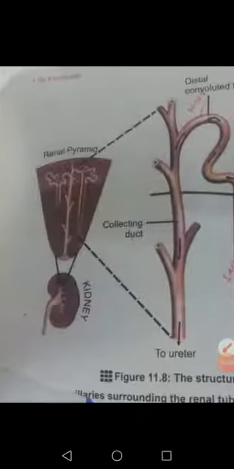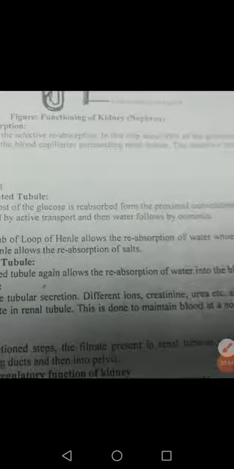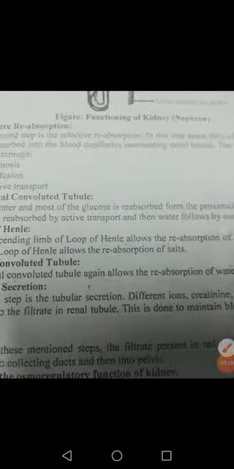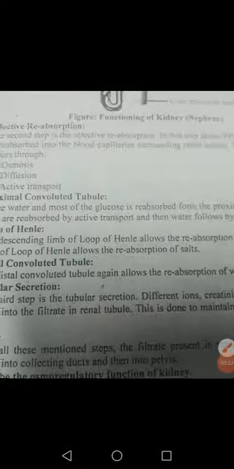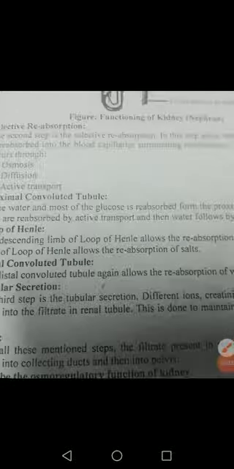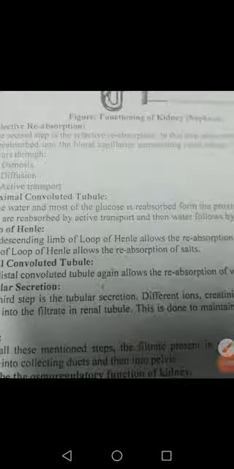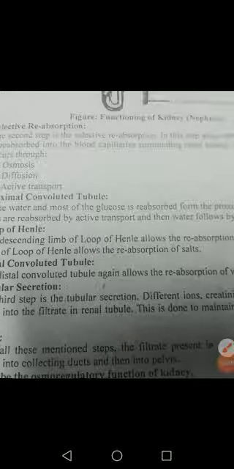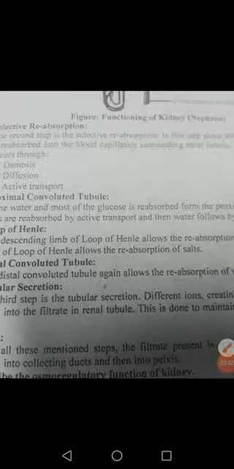Selective reabsorption means that 99% of the filtrate will move back, and only 1% urine is formed from that. It means most of the material will be reabsorbed. Reabsorb का क्या मतलब होता है? They will move back into the blood. वापस चला जाएगा. 100% में से 99% जो है वो reabsorb हो जाता है, and only 1% will form the urine.